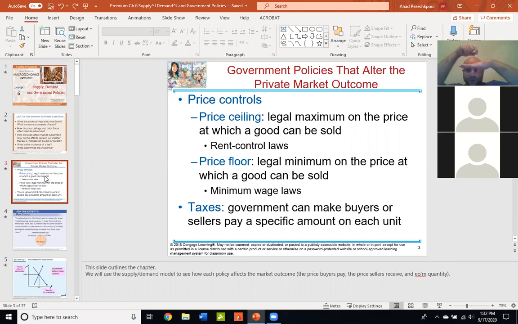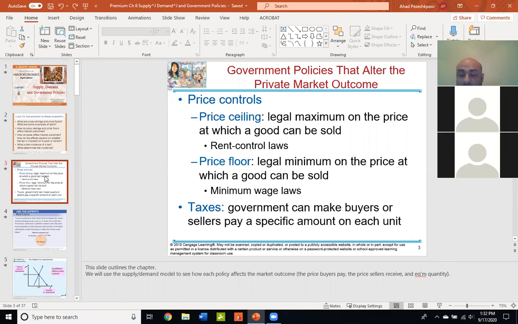Let's say the price ceiling for water is $2 a bottle. If the price of a bottle is $3, you'll go to jail. You're legally bound to not go above the maximum.